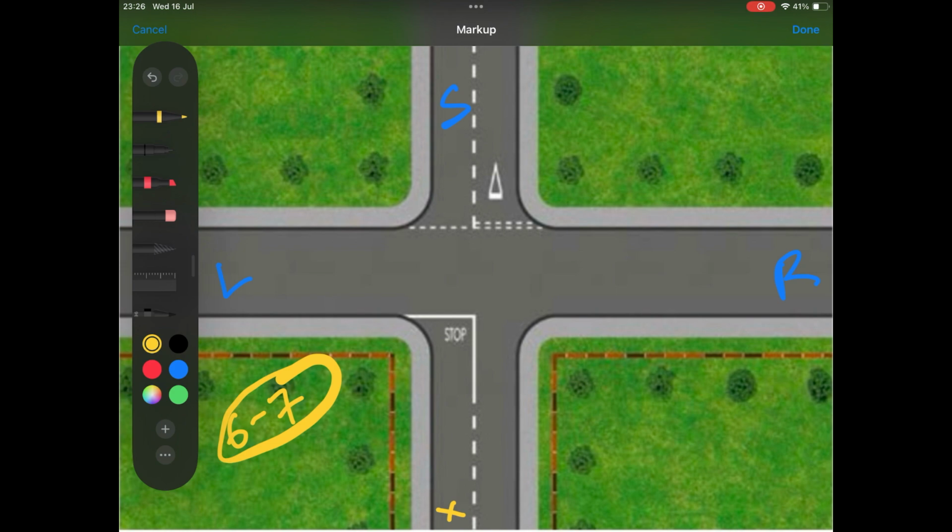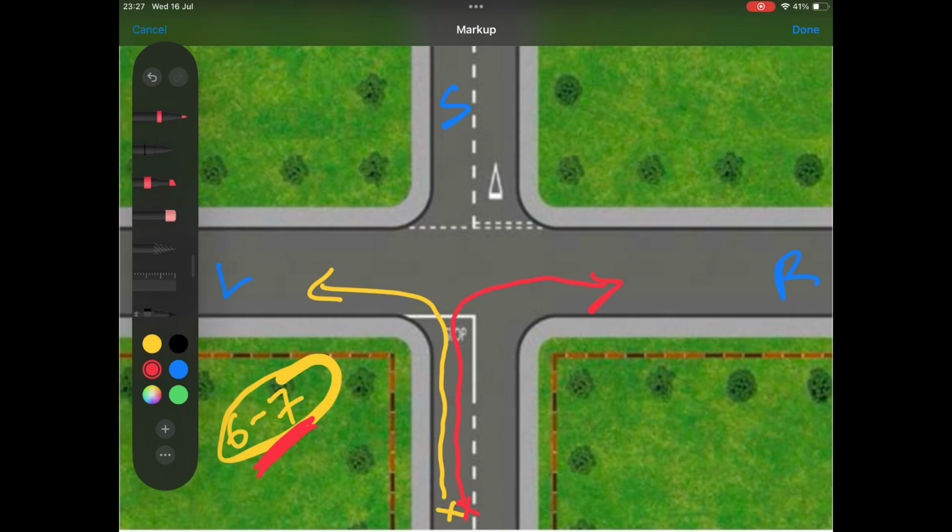We signal left from here, and then we continue and turn left. If you're turning right, again we start signaling from roughly 6 to 7 car lengths, and then we continue going towards the right while signaling right.